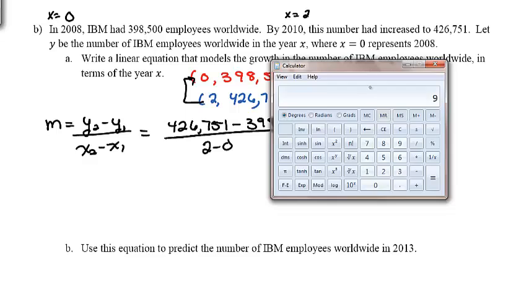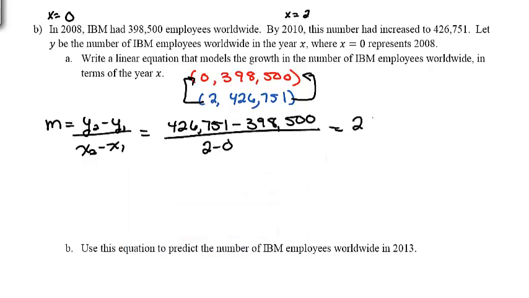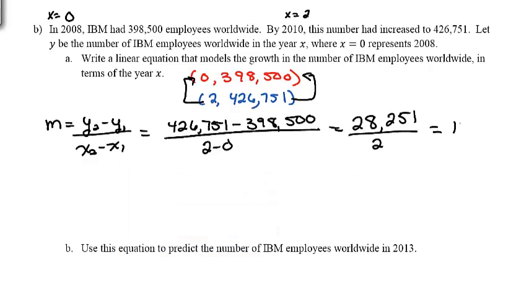Okay, so we're going to take 426,751 and subtract from that 398,500, and we get 28,251. And 2 minus 0 is 2. So now I need to divide that by 2. And so we get a slope of 14,125.5.